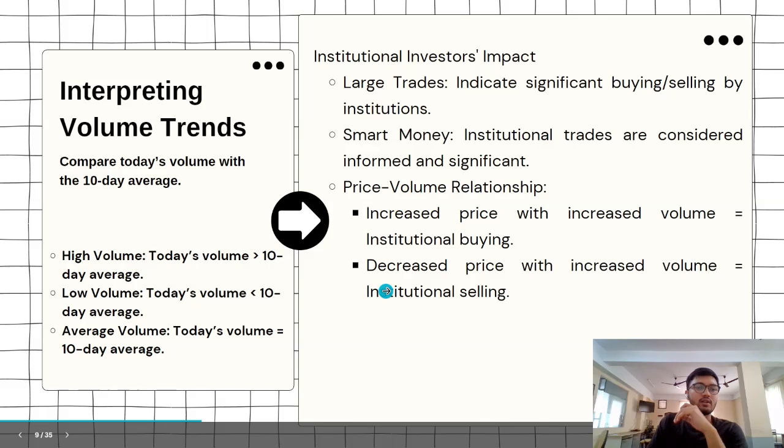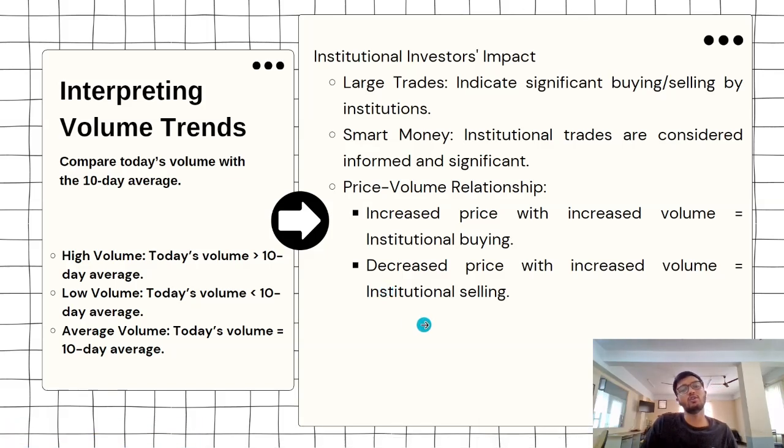So, interpreting volume trends. High volume means today's volume is greater than the 10 days average volume. How can you interpret whether today's volume is high or low? By looking at the averages. You can take the previous 10 days average, and you don't have to calculate it yourself, the indicators do it for you.